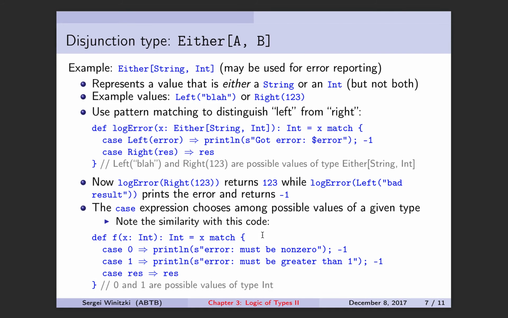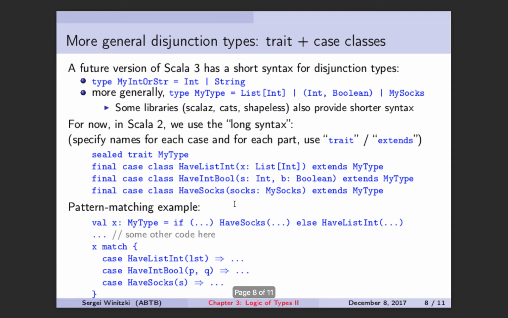I show now how pattern matching is used to work with these disjunction types. For the example of the either type, which is the simplest standard disjunction type that has a left and the right parts. And I show that this is similar to just a case expression that chooses different possible values of a given type. And here there are two possible domains, which I then show on an example.